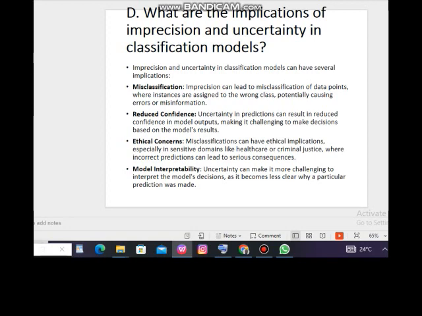Uncertainty in predictions can result in reduced confidence in model outputs, making it challenging to make decisions based on model results. Ethical concerns. Misclassifications can have ethical implications, especially in sensitive domains like healthcare or criminal justice, where incorrect predictions can lead to serious consequences. Model interpretability. Uncertainty can make it more challenging to interpret the model's decisions, as it becomes less clear why a particular prediction was made.